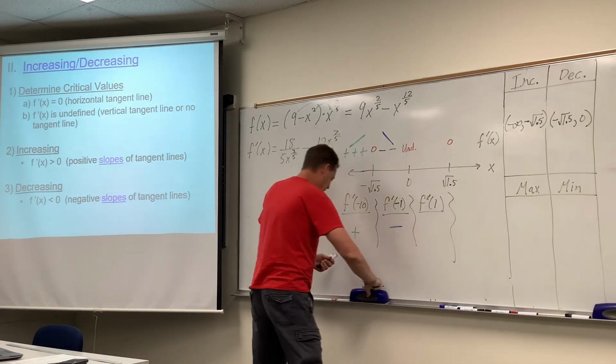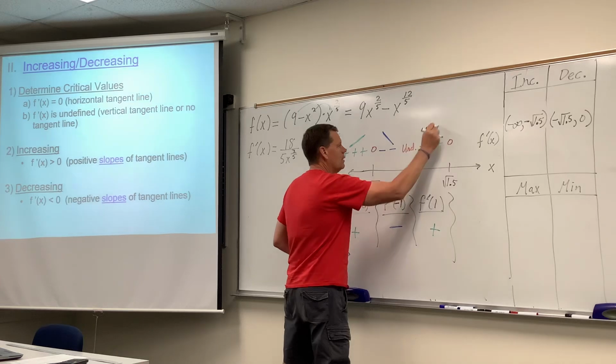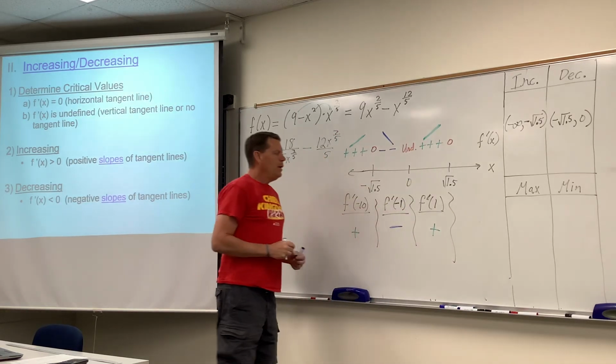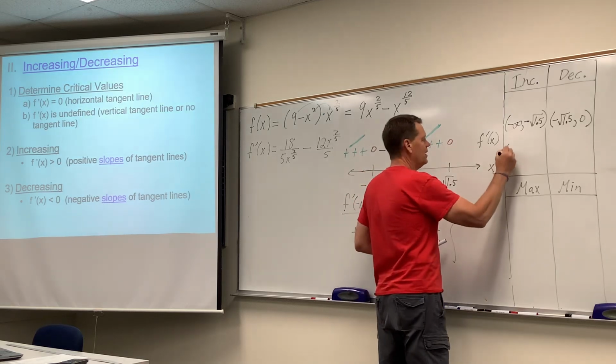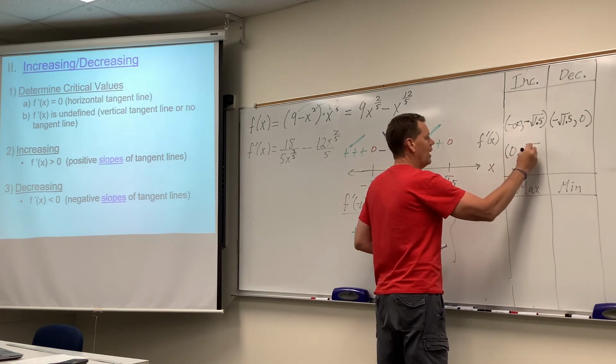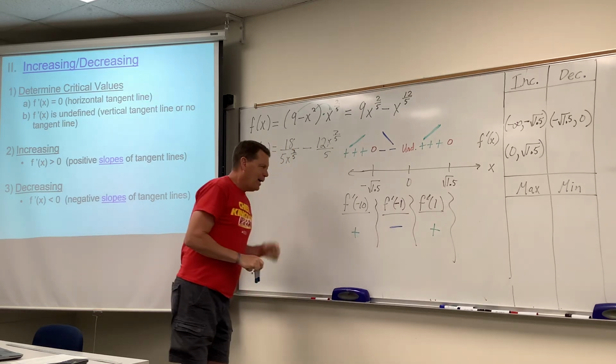Apologies. All right, let's fix that. That turns out to be a positive number. So from 0 to the square root of 1.5, this graph is increasing, and remember the square root of 1.5 is about 1.22.